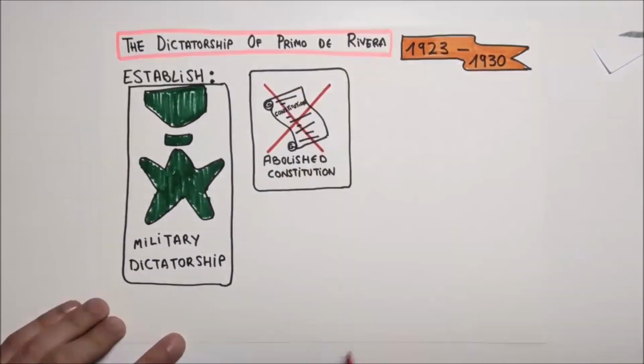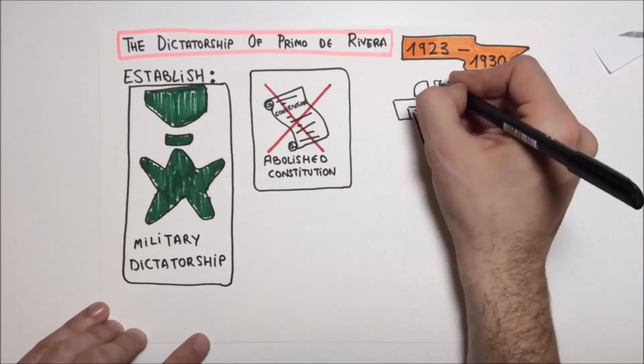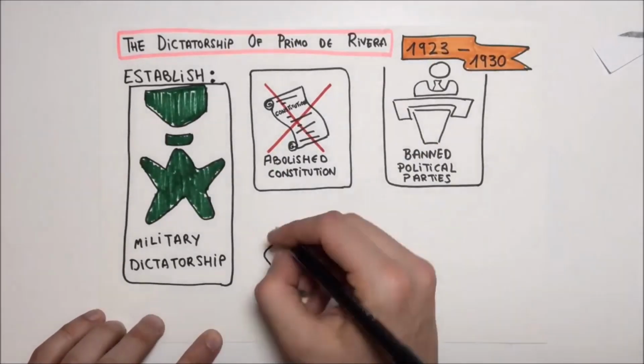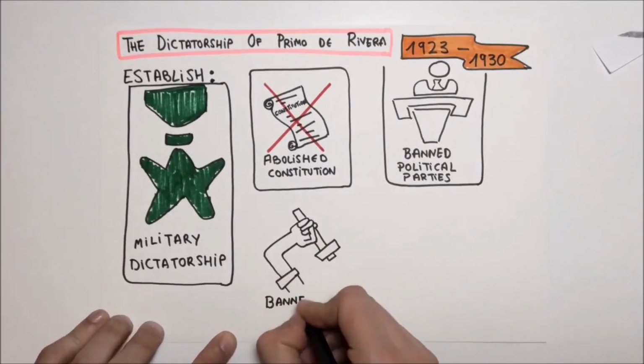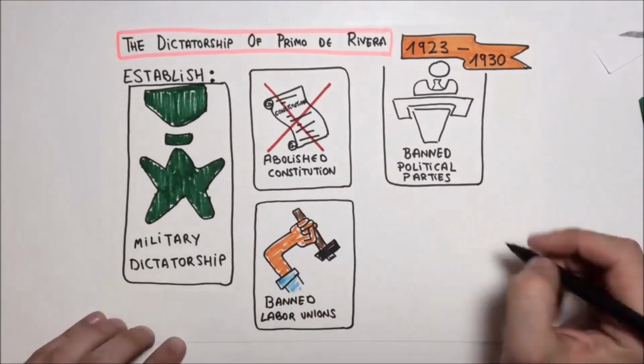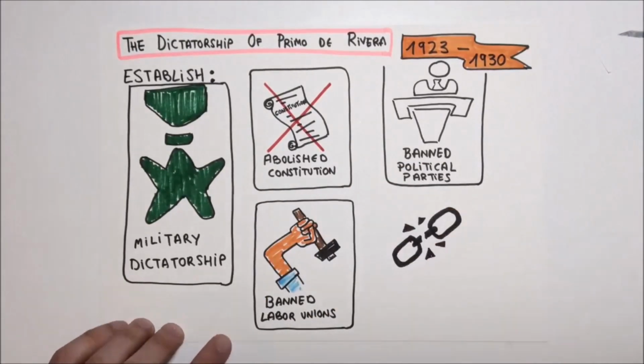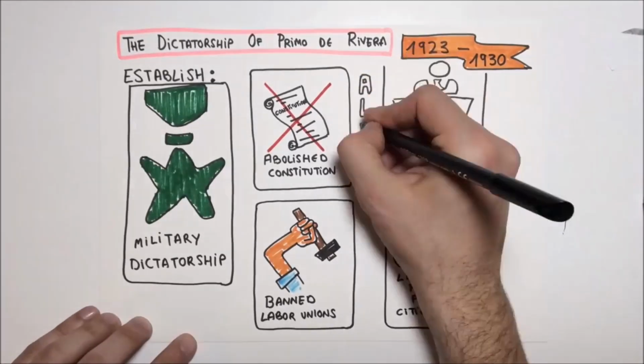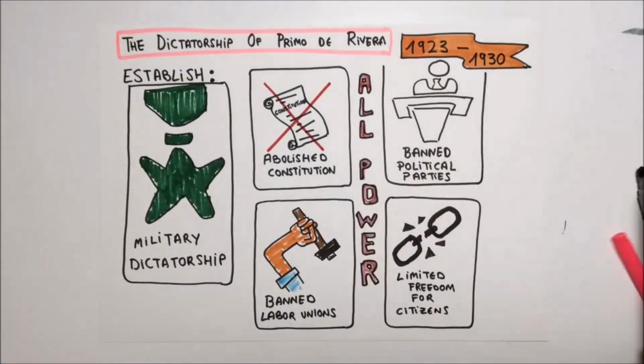He abolished the constitution. He banned all the political parties. He also banned all the labor unions, limited the freedom for citizens. He assumed all the powers of the state.